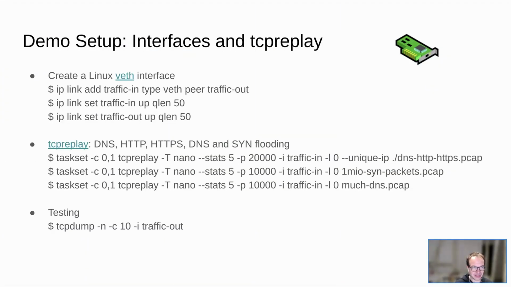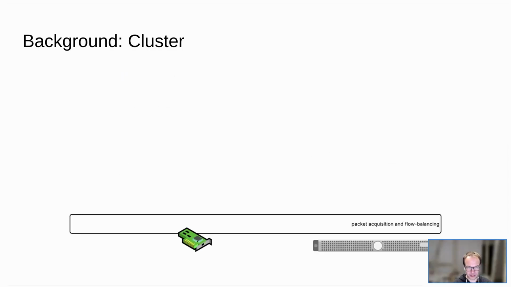If we look at it a bit more logically, we have one system and there's one network interface attached where the monitoring traffic comes in. And we want to analyze that, or we want to sniff that.